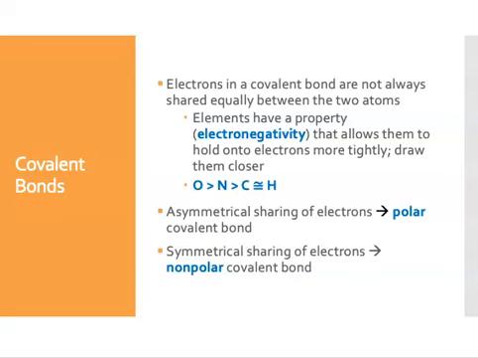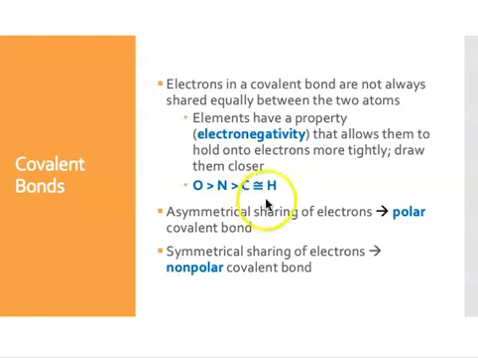If we look at the four elements that we've called critical in biological systems, the scale of electronegativity looks like this. Oxygen has the highest electronegativity in that group, and oxygen is greater than nitrogen, which comes second. Nitrogen is greater than both carbon and hydrogen in electronegativity.